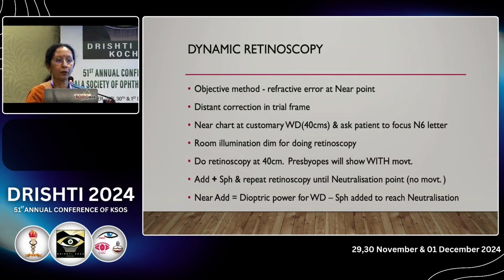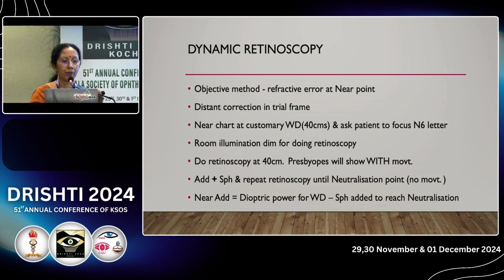Now, the objective method to find the refractive error at near point is dynamic retinoscopy, which has been described by Dr. Anita. The distant correction has to be borne in the trial frame. The near chart is held at the working distance and ask the patient to focus on the N6 letter. The room illumination should be slightly dim for doing the retinoscopy.